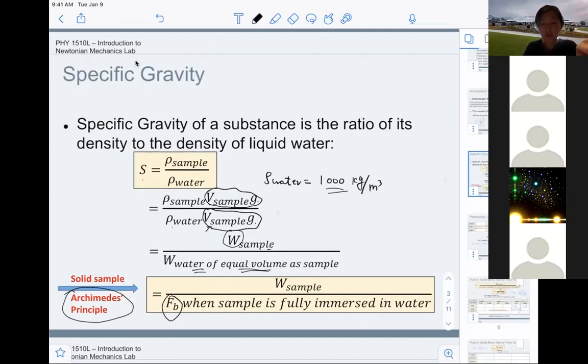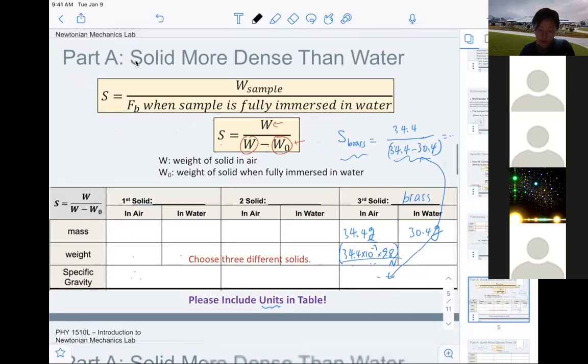The difference will become how much supporting force is provided by the water. So that's what we're going to do. We're going to weigh the object in air, that's easy, and weigh the object in water. So specific gravity becomes W in air divided by the difference of the weight in air versus in water, and that is the buoyant force, right?